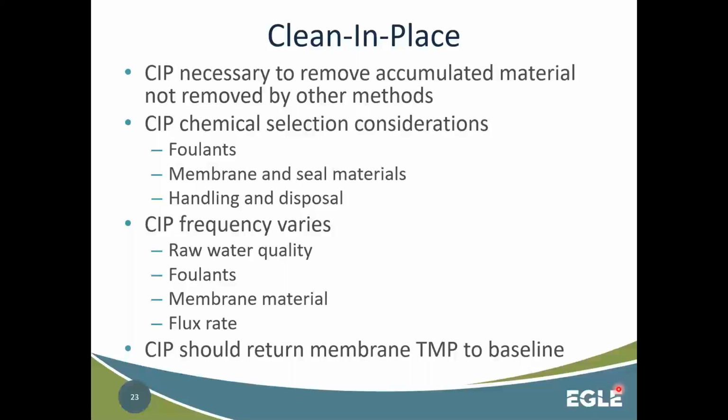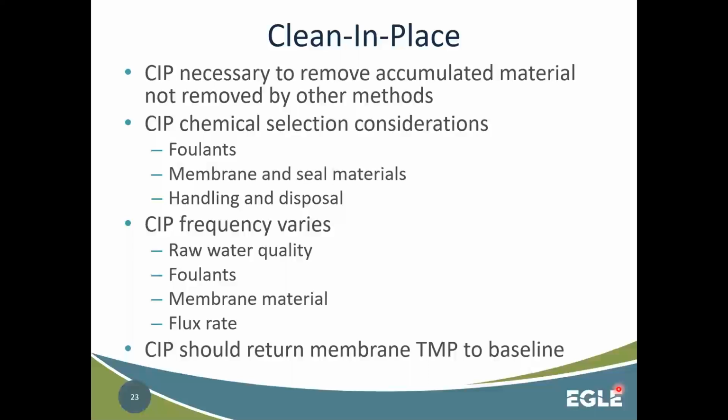Usually when a membrane plant is designed, the manufacturer will look at the source water and they will suggest a clean in place chemical based on what foulants are potentially in the source water, what your membrane and seal materials are, and then you also have to consider handling and disposal, because some of these chemicals are acids or bases, so they need to be handled and disposed properly.